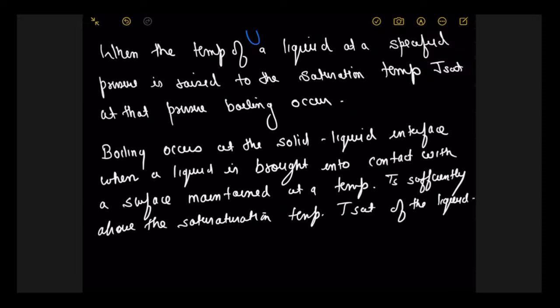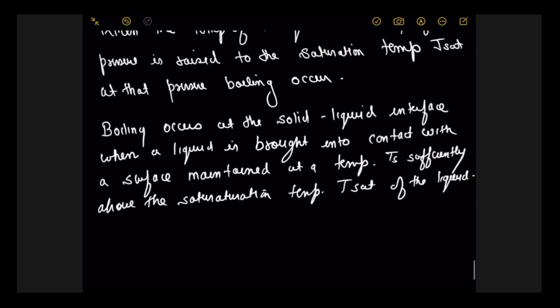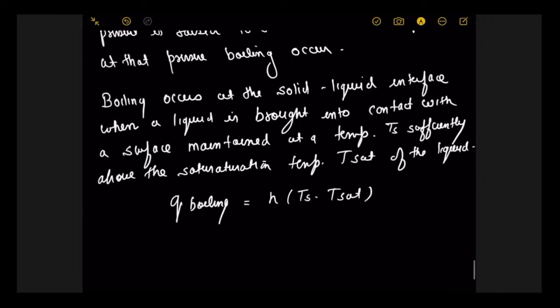So here Q of boiling is equal to h (Ts minus Tsat), that is h delta T excess.